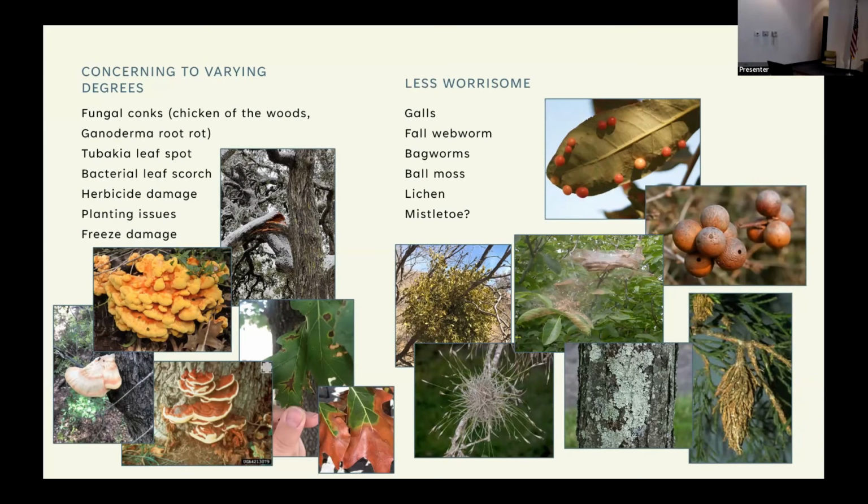And then we have Tubakia leaf spot, which is that picture with my thumb in it. And so leaf spots usually occur when there's more moisture. They're typically not a huge issue, but you can correct it. So like if you have, I'm missing my words, sprinklers spraying up into the canopy of your tree, that's creating a more moist environment. We want to stop that if you're seeing leaf spots.